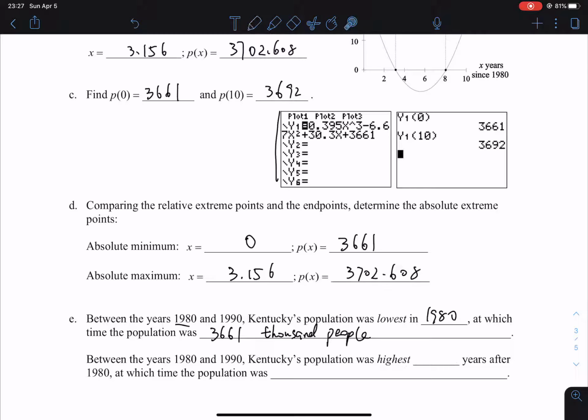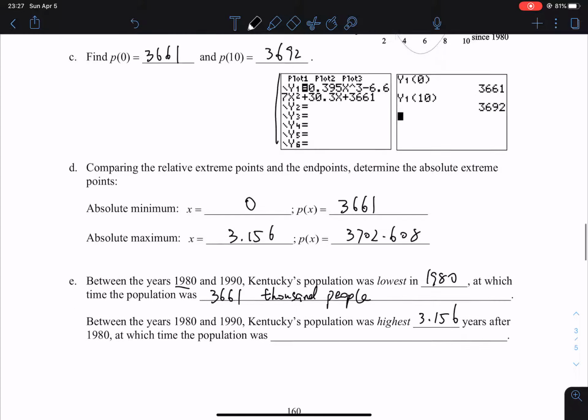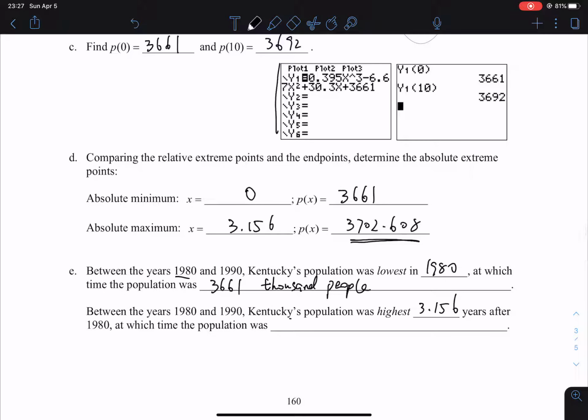The first one is in year 1980, and the second one was how many years after 1980. So this is tricky. That means we have to choose the x value instead of x plus 1980. So it is just 3.156, and the corresponding value is 3,702. And the unit is 1,000 people.